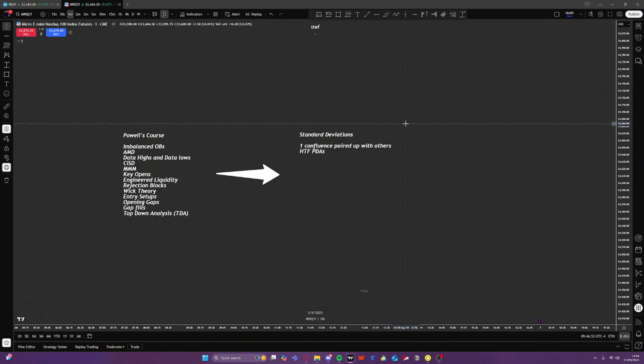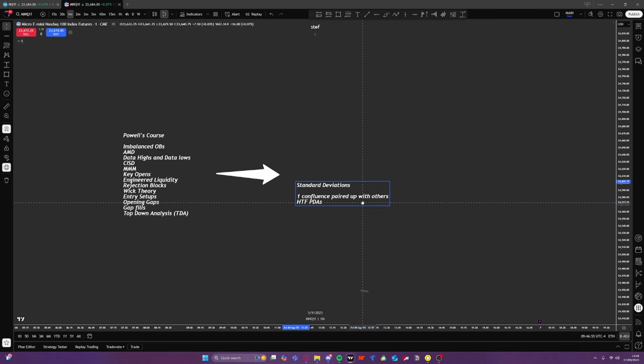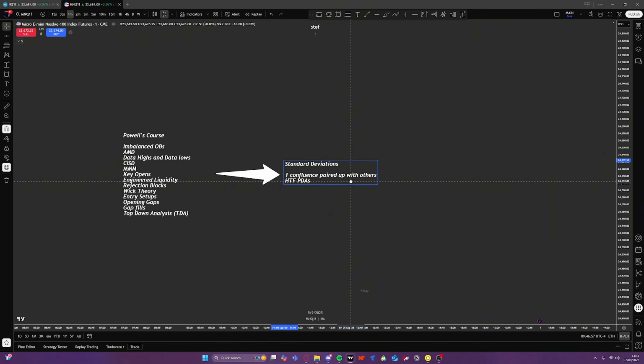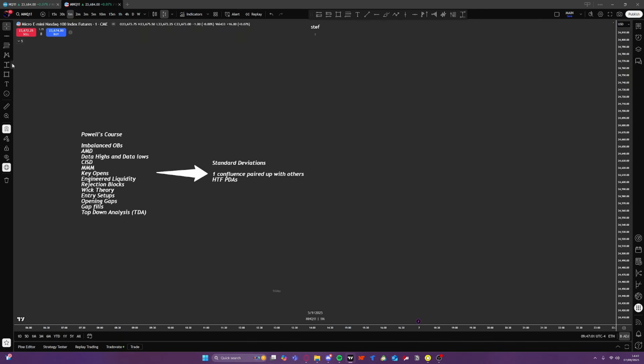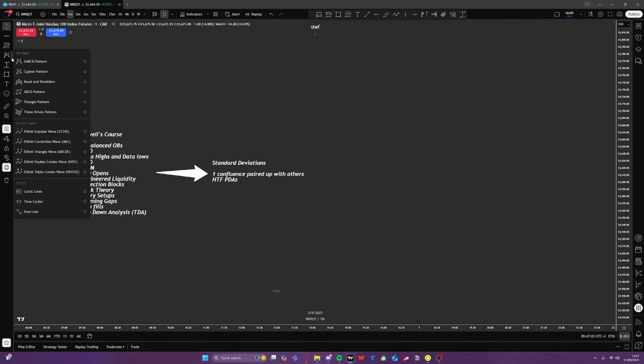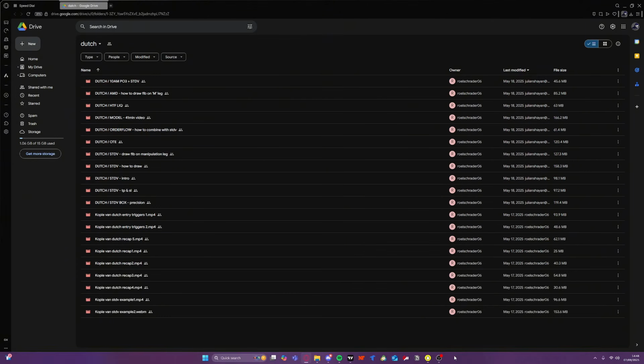And yeah, you can use standard deviations either from my video or through Dutch. You can go through, for example, this. You have Dutch 10 AM PO3 using standard deviations, AMD, higher time frame liquidity, his entire model goes into order flow, OTE.